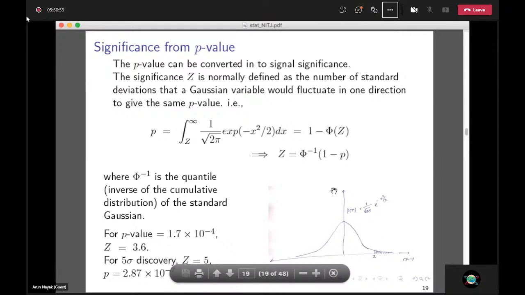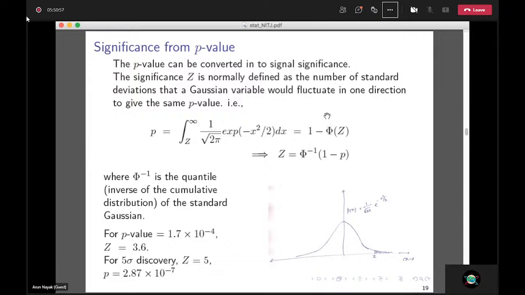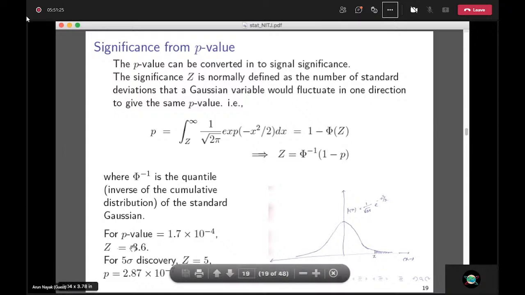So p equals the integral from Z to infinity of this Gaussian distribution. You can write it as 1 minus phi of Z, where phi is the cumulative distribution of the Gaussian, that is from minus infinity up to Z. Then Z will be the quantile of 1 minus p, so phi inverse is the quantile of the standard Gaussian. If you do this, you will get Z to be 3.6.